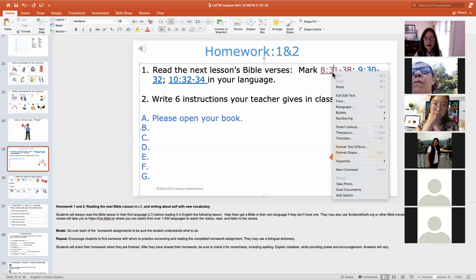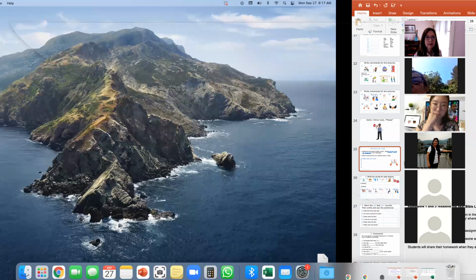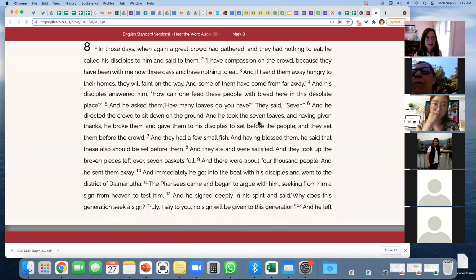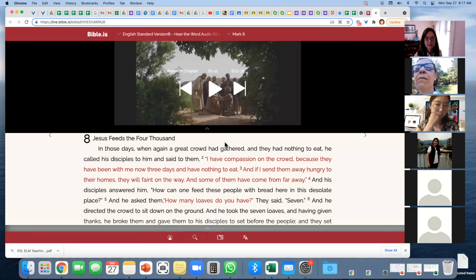So they can open up these hyperlinks, and it will take them to this site, which is called live.bible.is. And there they will be able to read the Bible story in their own language.